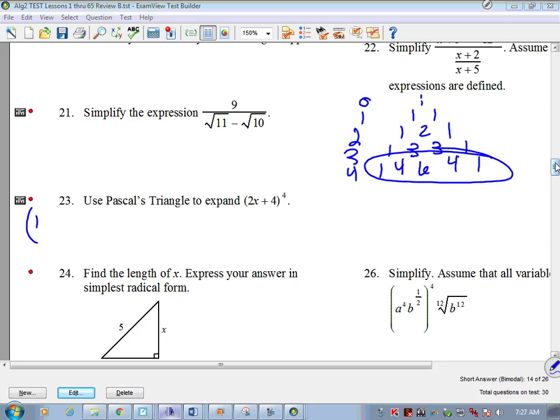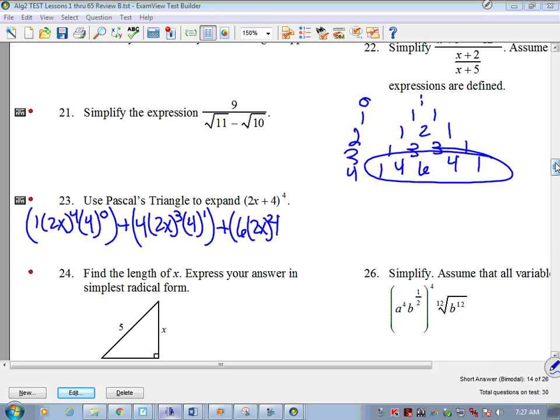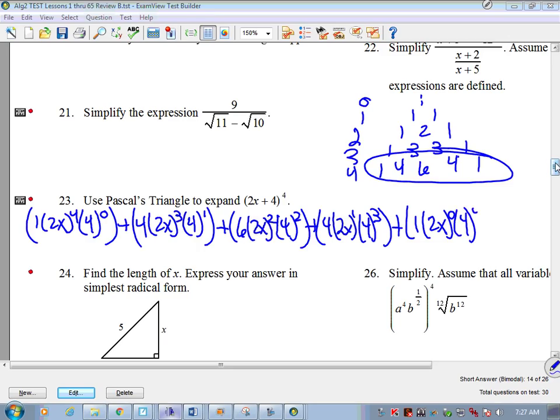So we got 1 times 2x to the fourth times 4 to the 0, plus 4 times 2x cubed times 4 to the first, plus 6 times 2x squared times 4 squared, plus 4 times 2x to the first times 4 cubed, plus 1 times 2x to the 0 times 4 to the fourth.